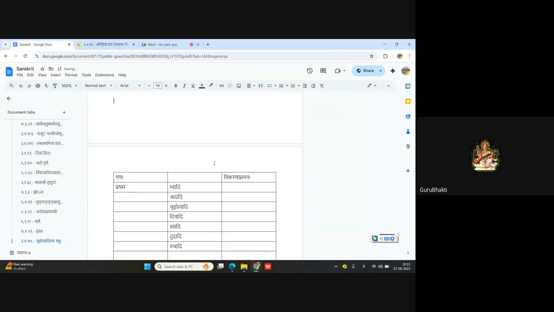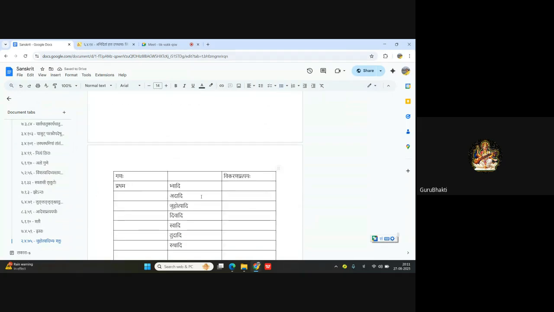What are the Vikarana Pratyayas? For Vadigana, the Vikarana Pratyaya is Shap. For Adadigana, Shap Vikarana Pratyaya, then Lopa happens. For Juhotyadi also, Shap Vikarana Pratyaya, then Lopa happens.